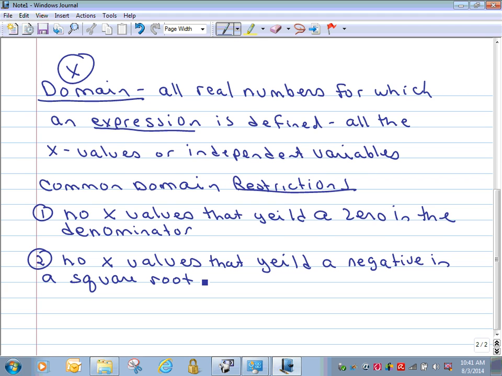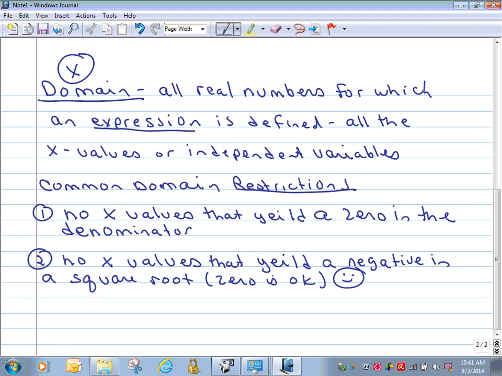It's an imaginary term or an undefined term. Zeros are okay though. So in other words, you can take the square root of a 0, that's 0, but you cannot have a negative number. Sometimes you can get the zeros mixed up with the restriction on a fraction or a rational function.